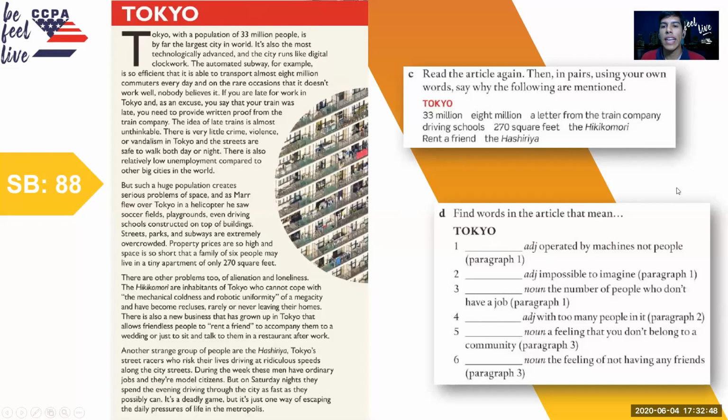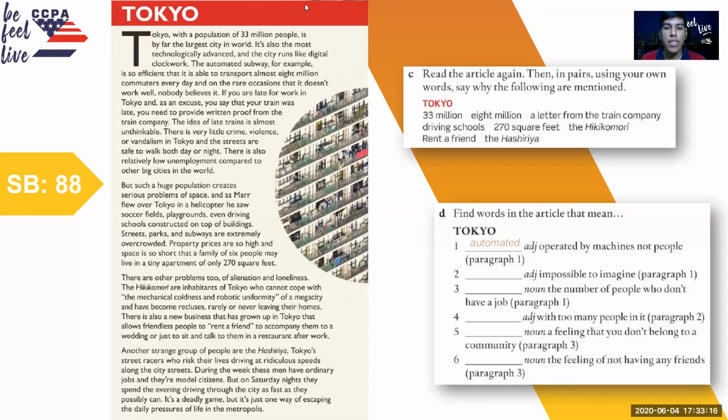I'm going to give you that as an example. It is automated, okay? In this case, it mentions that the subway is automated, right? So they don't need any people. Number 2 is an adjective, and it says impossible to imagine. And it's also in paragraph 1. What's the word that completes this idea?